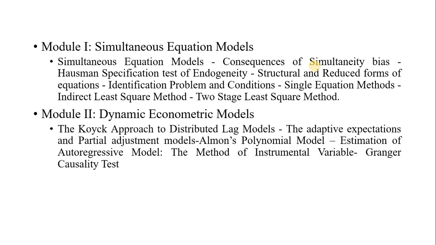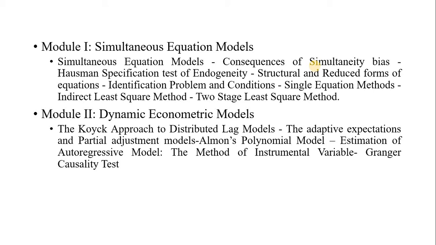The second chapter deals with the dynamic econometric model. In the basic econometric classes, in the last chapter, we started with this dynamic econometric model. The dynamic econometric model is nothing but a regression model in which we include either the lagged values of the independent variables or lagged values of the dependent variable as additional explanatory variables.